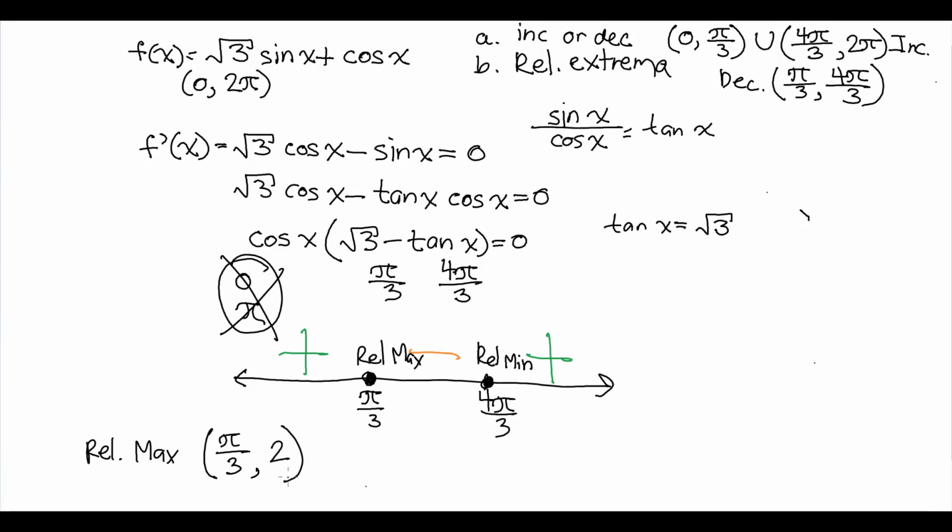And we get 4 pi over 3 is our relative min. Sine of 4 pi over 3 is negative, so we get negative root 3 over 2 plus negative 1/2, we get negative 2.